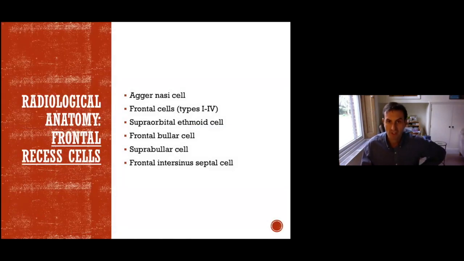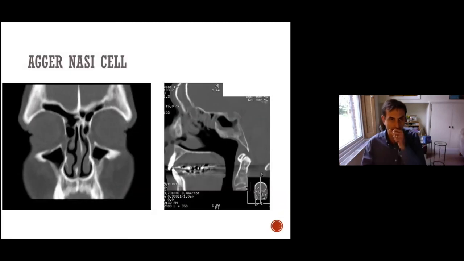Now, there are a huge range of variations that you can see in the frontal recess, and we'll just run through a number of examples of these now. So we mentioned the agger nasi. The agger nasi you will see on your coronal sequence as you scroll from front to back. It's usually the first cell that comes into view, and you'll often see it just before you start to see the front of the middle turbinate.